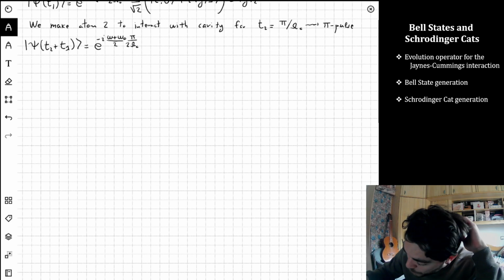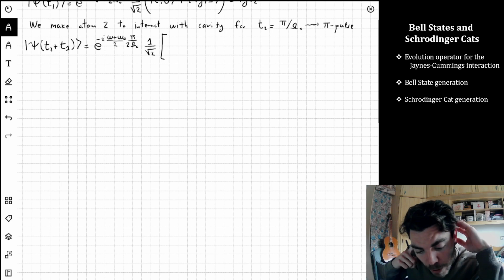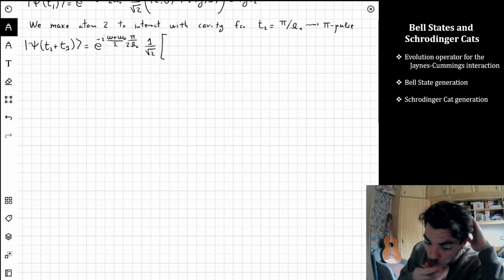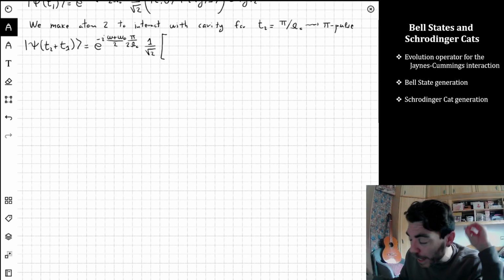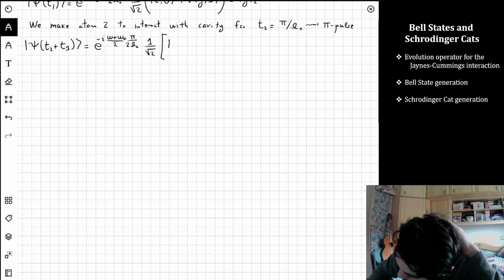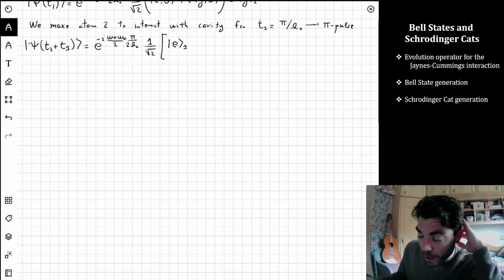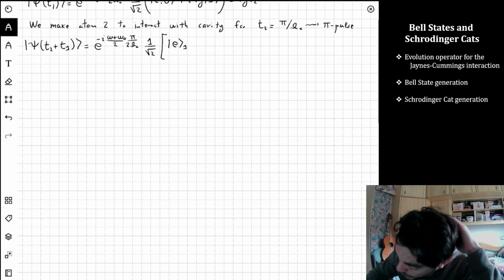This comes from, I'm just rewriting, then 1 over square root 2, and now what happens? Well, we are not doing anything to atom 1, we are making atom 2 interact with the cavity now. So atom 1, if everything is nicely isolated, could still be 50% probability in the excited or in the ground state. So let's write the excited state.